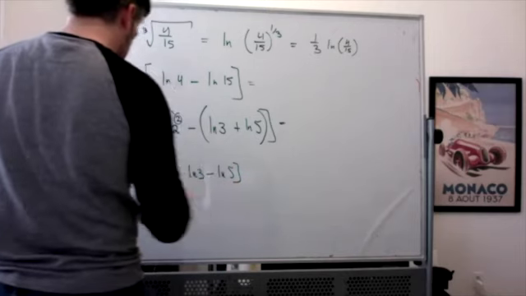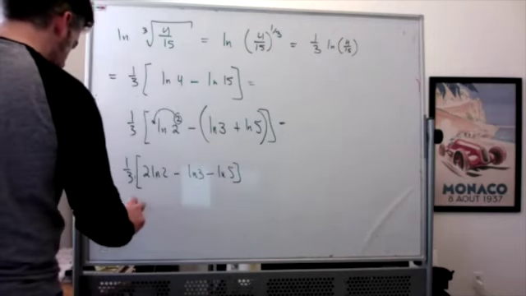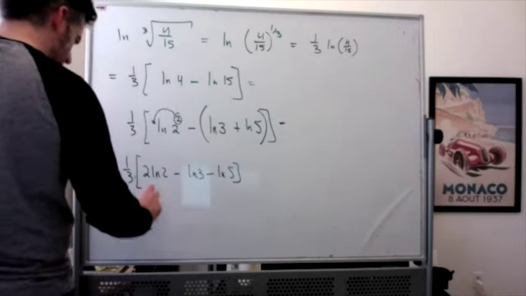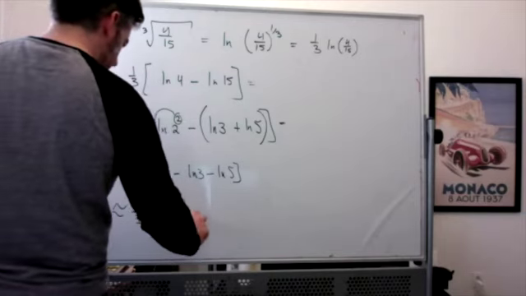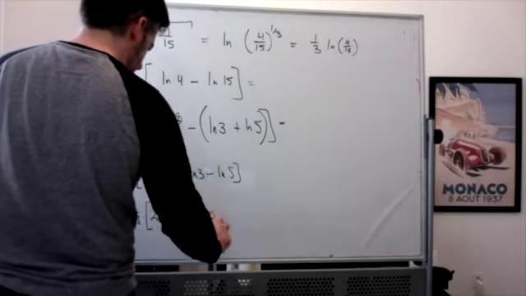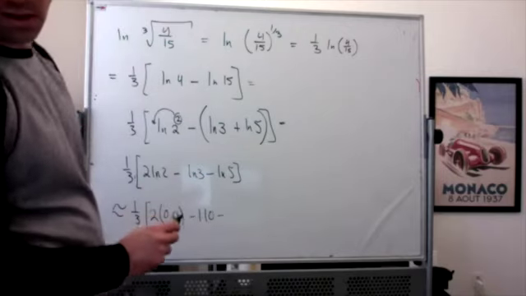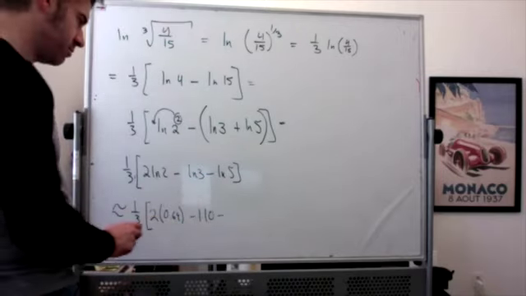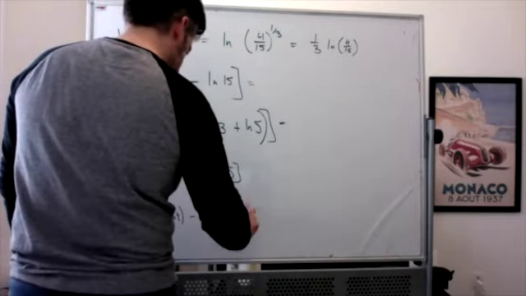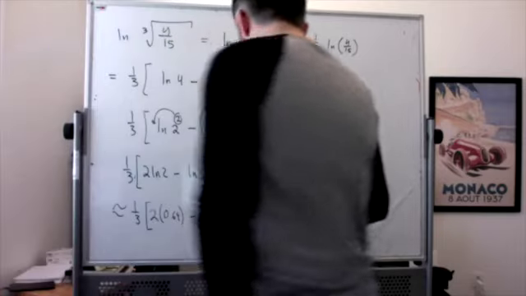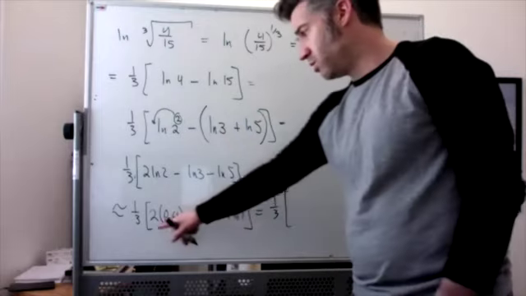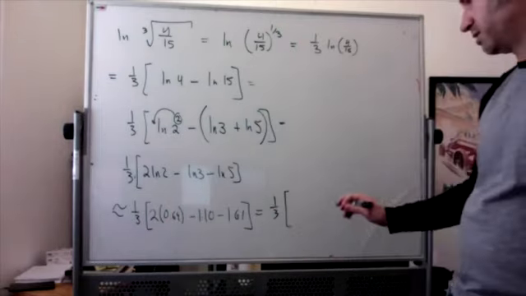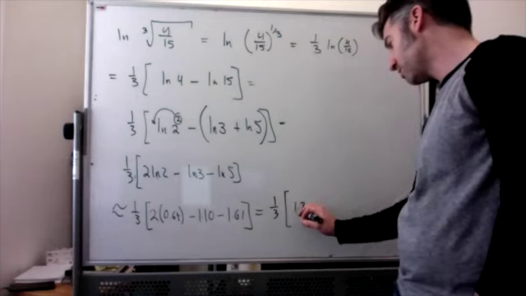And then finally, we can do the approximation. This is approximately 1/3 times 2 times 0.69 minus 1.10 minus, is it 1.61? It is 1.61. So I end up with 1/3 times 2 times 0.69 is 1.38.